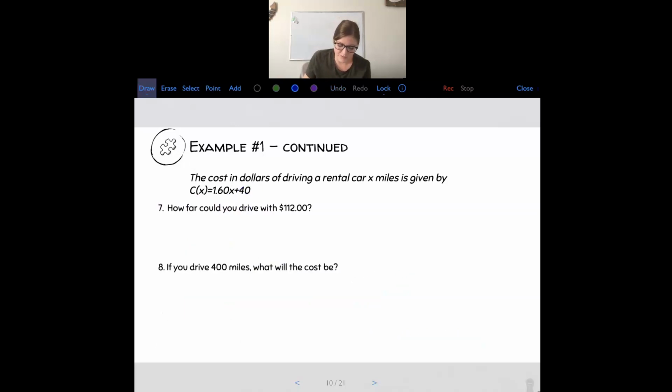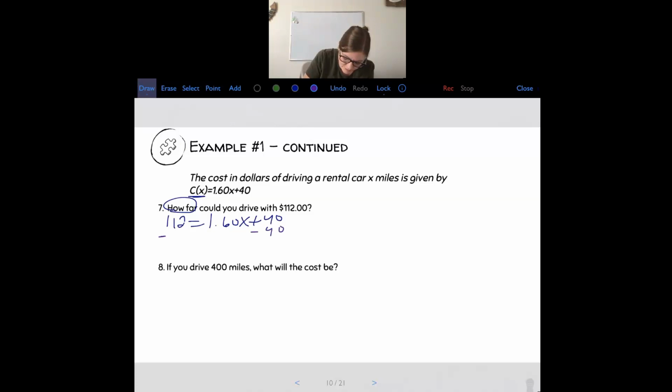Okay. So number 7, how far could you drive with $112? You have to decide, is 112 cost or is that miles driven? It's cost. So we would put it in place of c of x. It's also asking how far, which means that it's looking for x. So we would solve this like we would any equation.